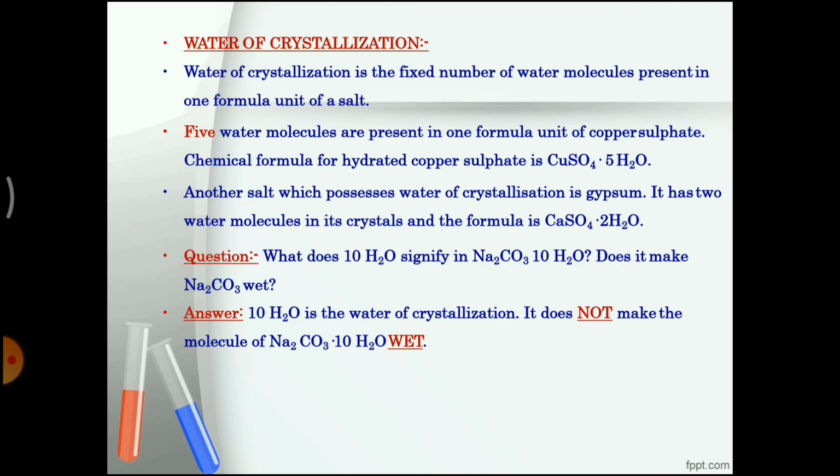There is a question already asked: what does 10H2O signify in sodium carbonate 10H2O? The answer is that 10H2O is the water of crystallization. It does not make the sodium carbonate molecule wet.